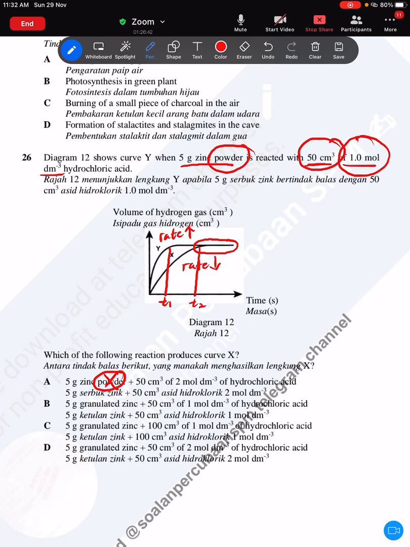Tell me. Yes, you are right. So the answer is B. Do you get it or not?